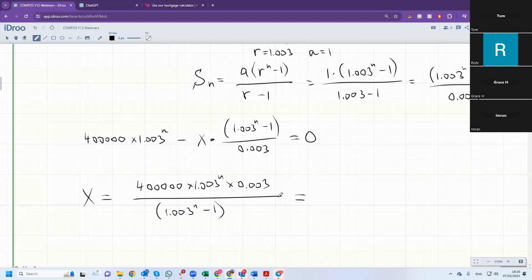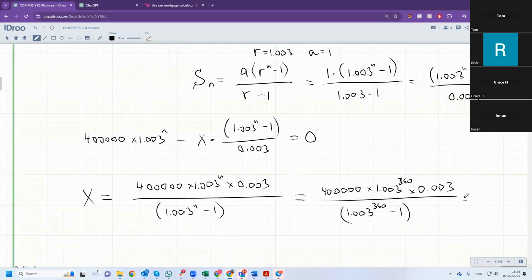And if we substitute that, because we know n is 360, it's 400,000 times 1.003 to the power 360 times 0.003 divided by 1.003 to the power 360 minus 1.